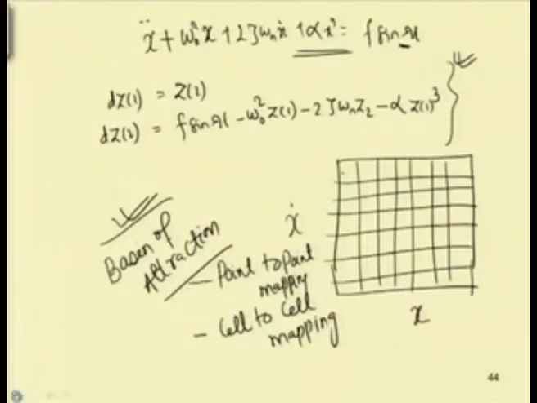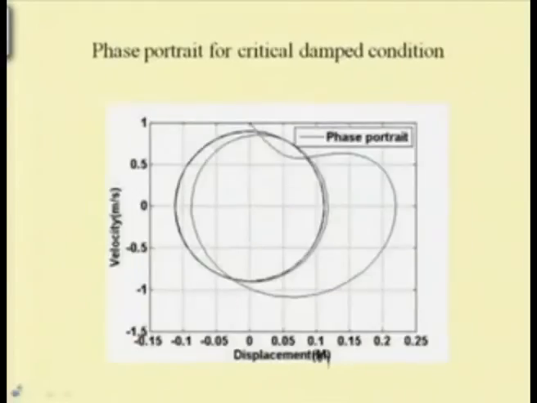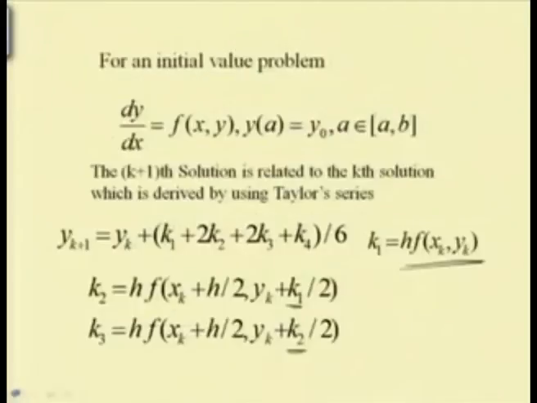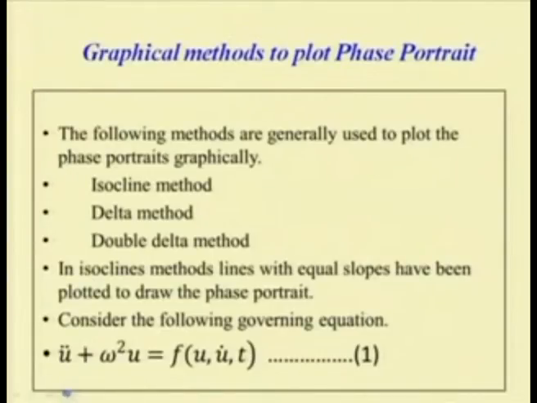So, there are several methods: the method of isocline, the delta method, the modified delta method, and the double delta method. In today's class we will see the isocline method, and then we will study the straightforward expansion method.